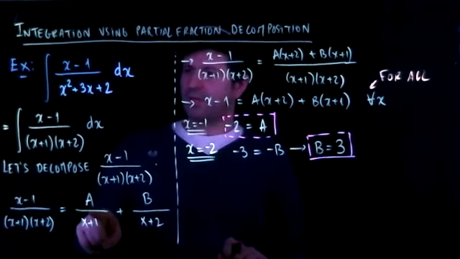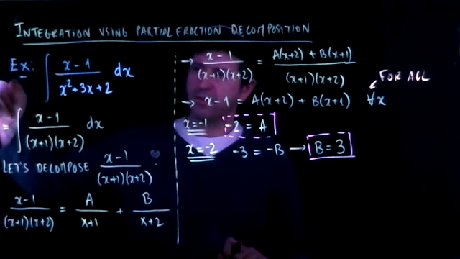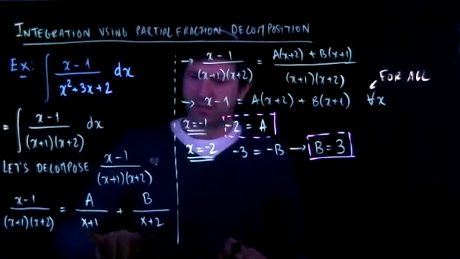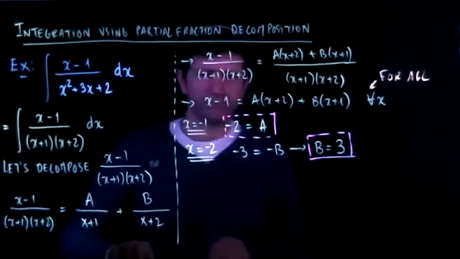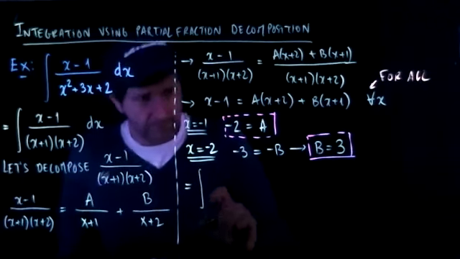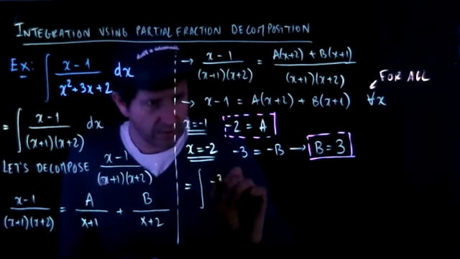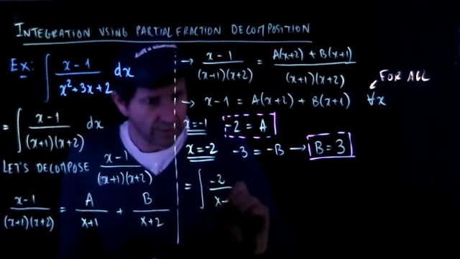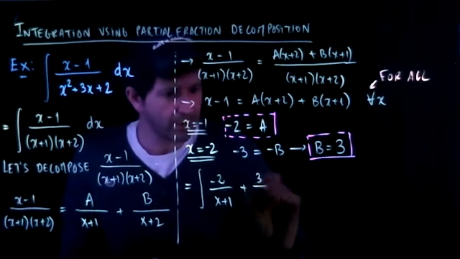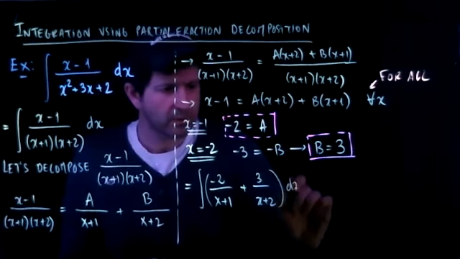And so I could now, instead of integrating this complicated term, replace it by a sum of two easy fractions. So the integral becomes a over x plus 1, so -2 over x plus 1, plus b, which is 3 over x plus 2, all this dx.